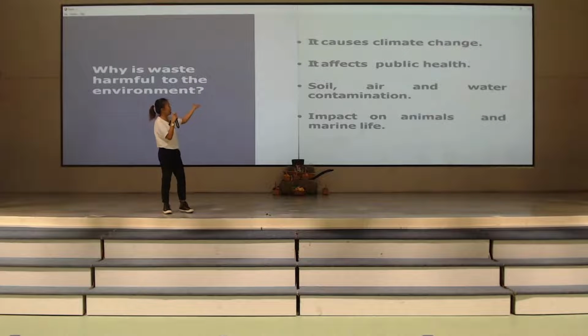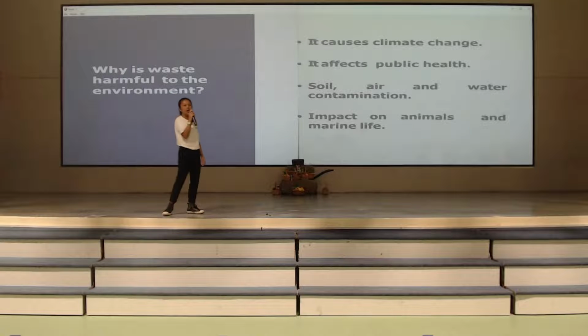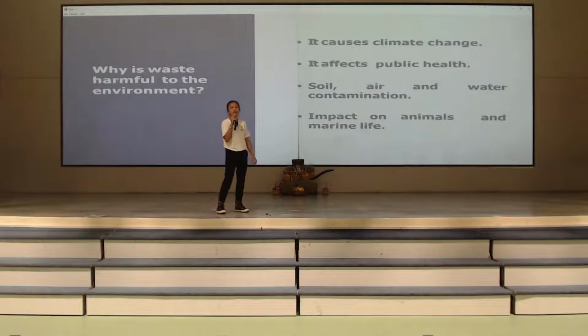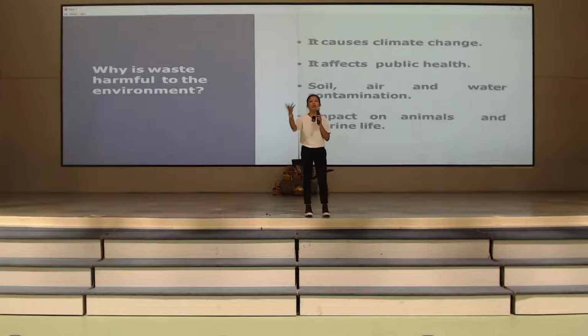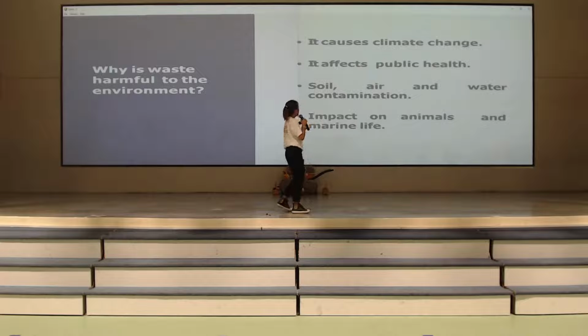Okay, what else is there? It affects what? Public health, that's true. Because just like what we are discussing earlier, right? When there is pollution, you cannot breathe properly. In order for us to live, we need water, we need air, right? And also food. Okay? What's the next one?